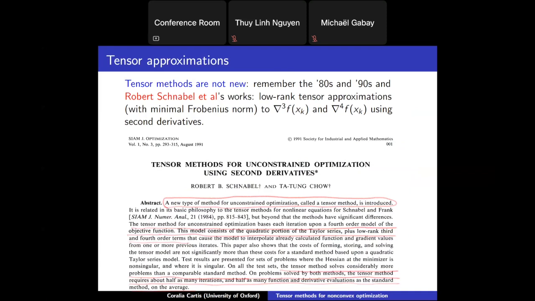He didn't have theory, he didn't have regularization. He just devised a practical method that, as it says here, took half the iterations as standard methods on average. So nothing is new under the sun, really. But this is very nice work on this inexact kind of tensors from the 80s.